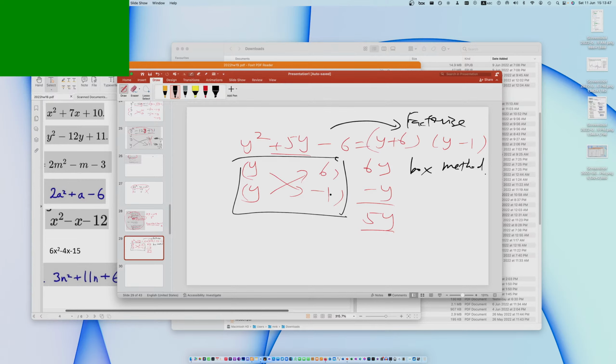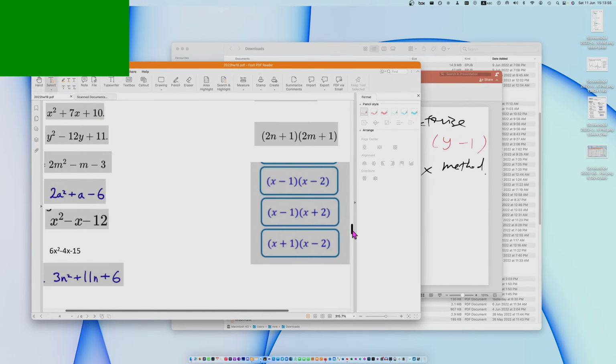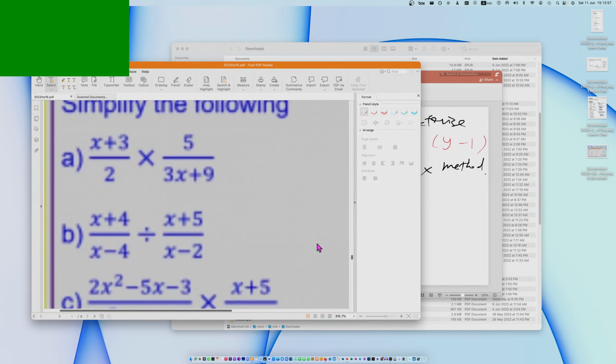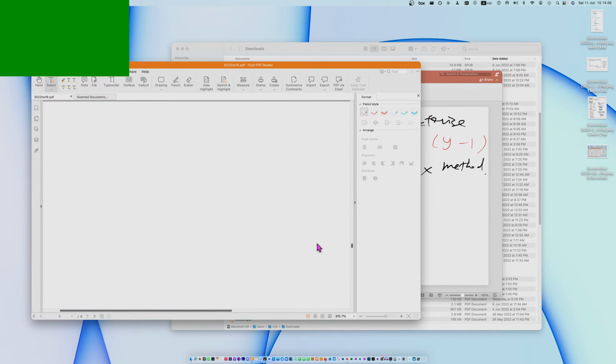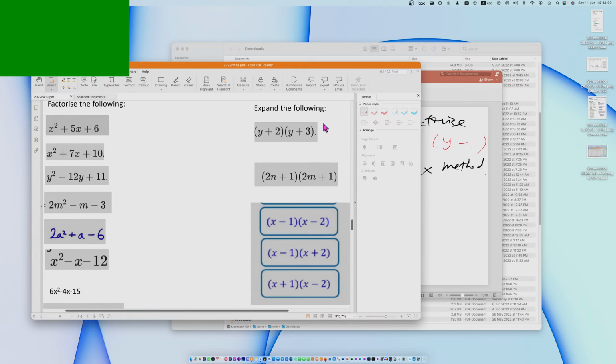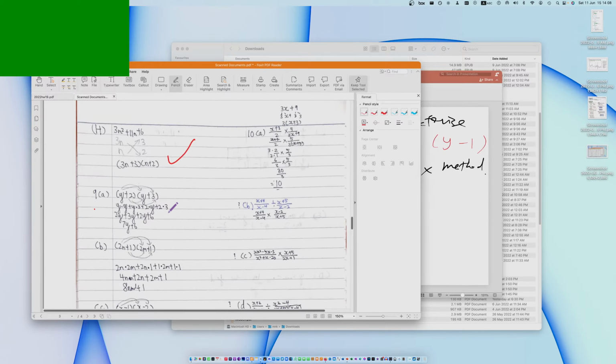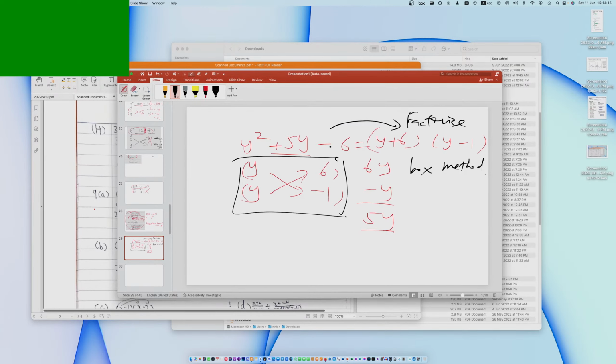But instead of giving you from left to right factorize this question, did you make a mistake somewhere, or did I make a mistake somewhere? Oh, this is minus 6. Okay, never mind.